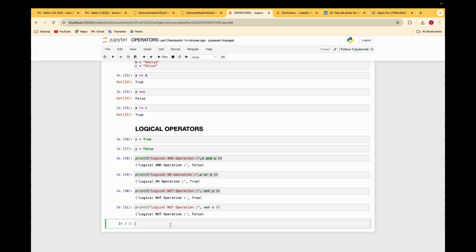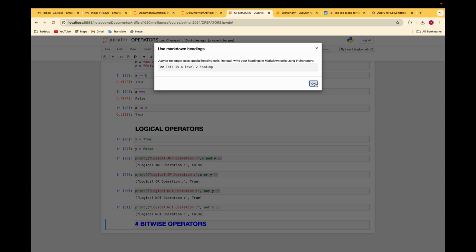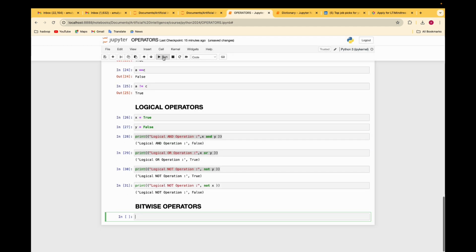How about bitwise operators? Bitwise operators. So let's perform a quick check.